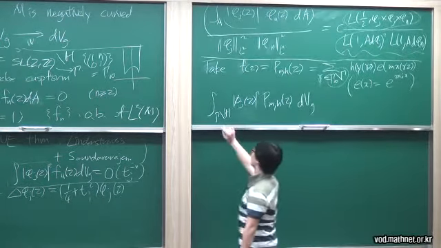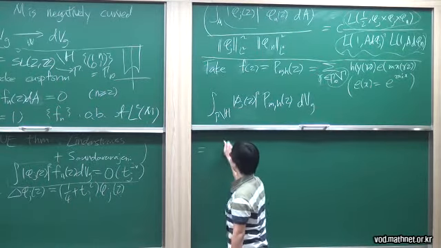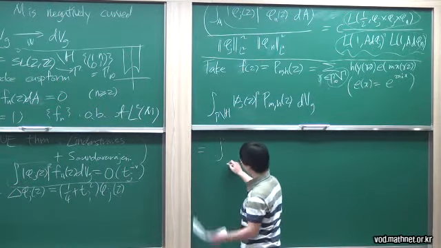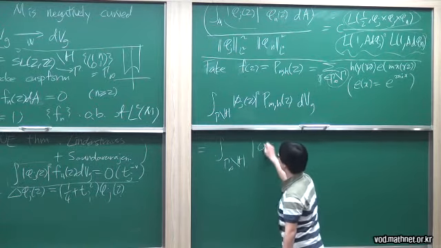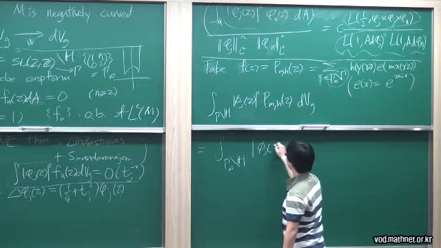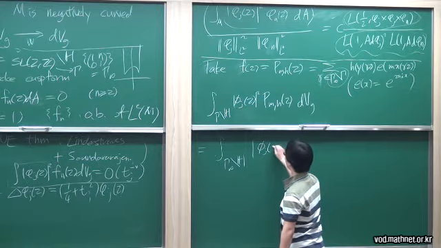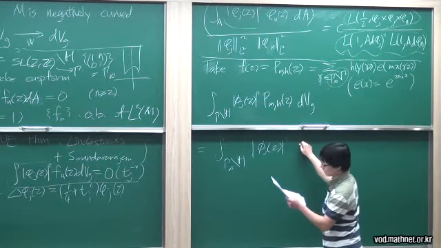But then I'm going to unfold this integration so that this is equal to the integral over gamma infinity with h.